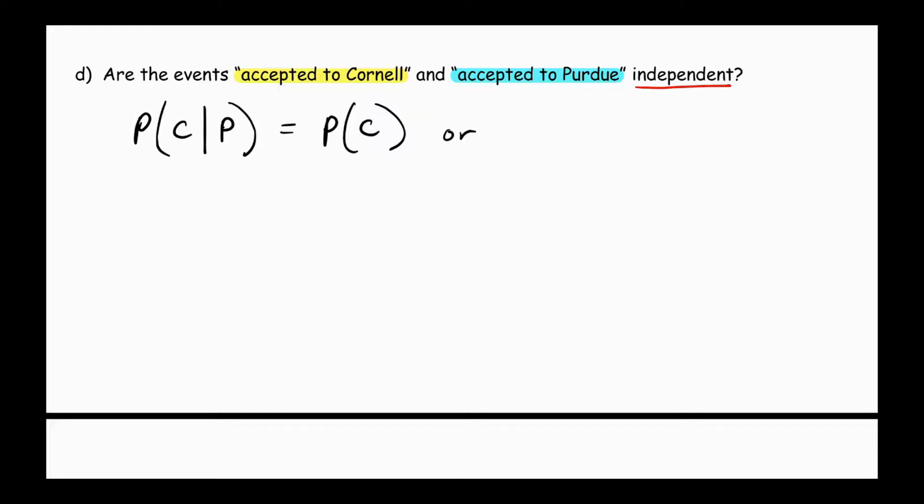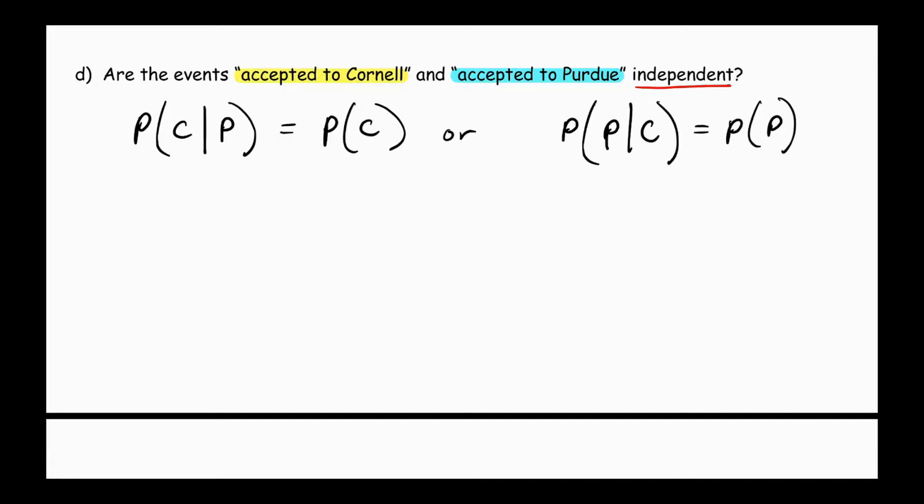Or you can switch them. You can say Purdue given Cornell is equal to Purdue. You don't have to check them both. You just check one of them, and if one of them is equal, they'll both be equal. If one of them is unequal, they'll both be unequal. So it doesn't matter which one you check.